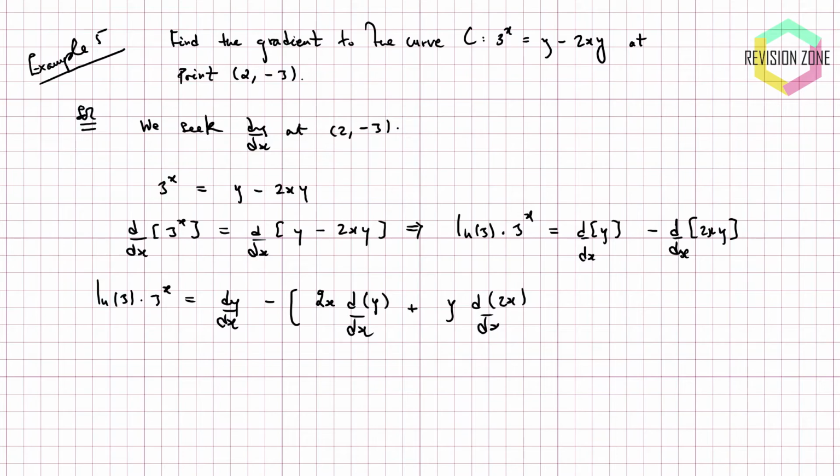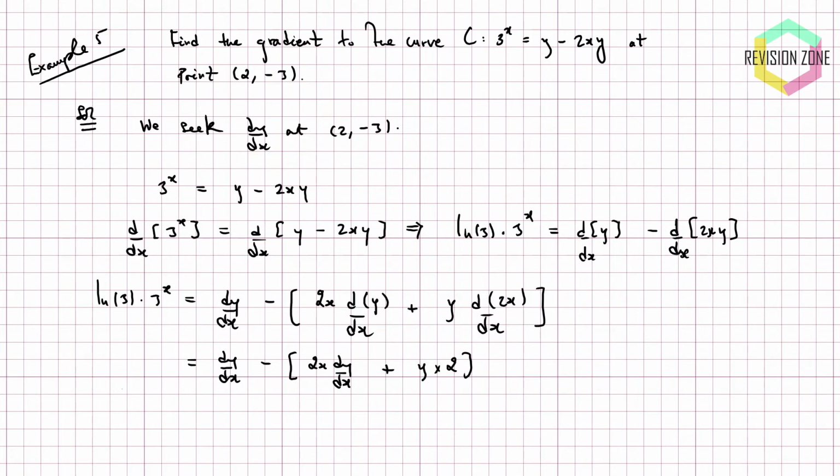Everything is differentiated with respect to x, obviously. At that stage, we can simplify the right-hand side a lot more, because the derivative of y with respect to x is just dy by dx. So I say 2x dy by dx, and then y, but 2x differentiated with respect to x is just 2. So I write that down, and then it's a matter of tidying things up.